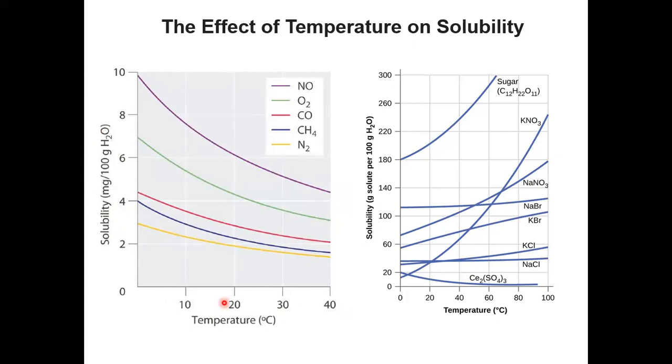If you compare, for example, oxygen, the green line, you can see that at 10 degrees Celsius, the solubility is about 5.5 milligrams per 100 gram of water, but at 30 degrees, it's about 3.8 milligrams of oxygen per 100 gram of water. So solubility drops with increasing temperature.